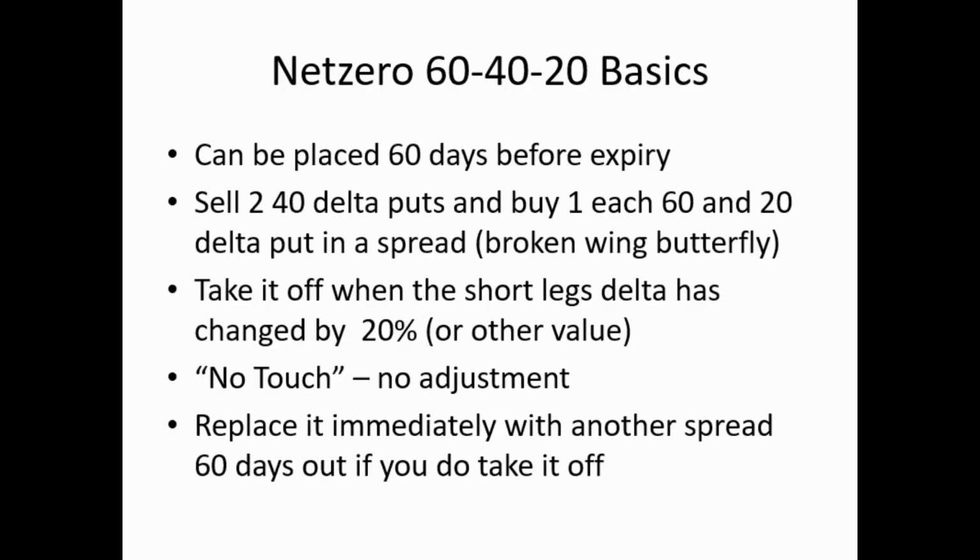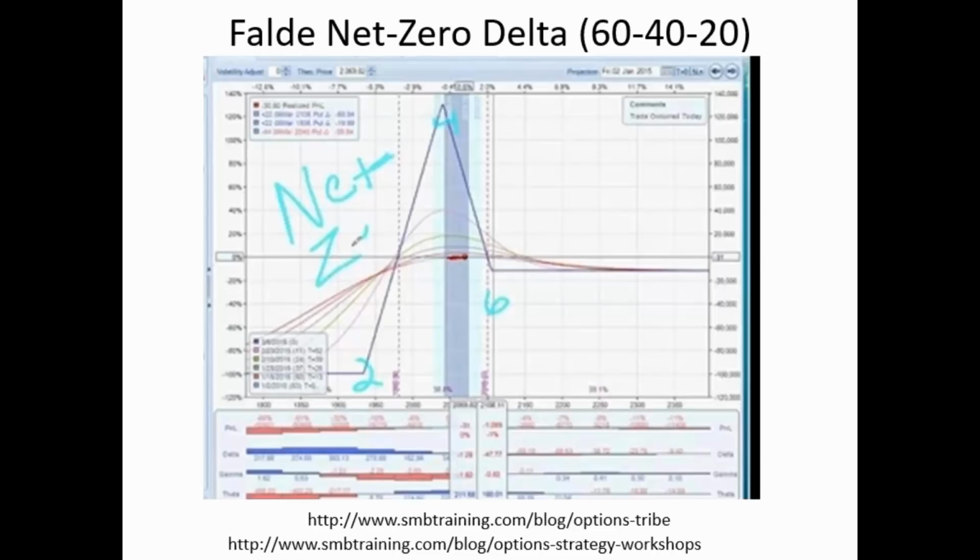Let's move on. This was one of Andrew's illustrations of what the risk graph looks like. Most of you will be very familiar with that. It just looks like a broken wing butterfly.